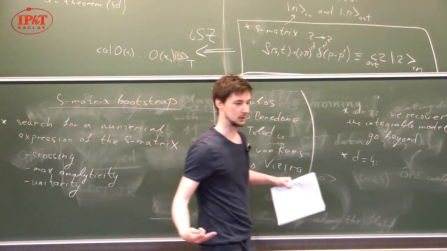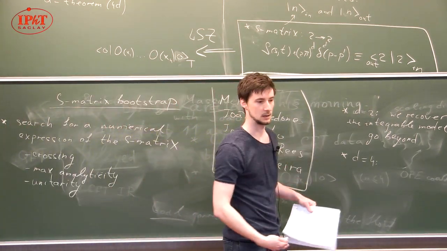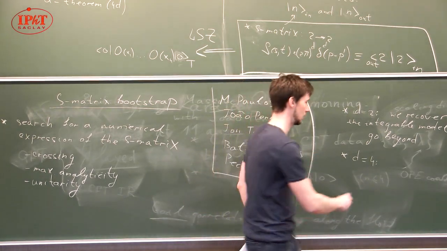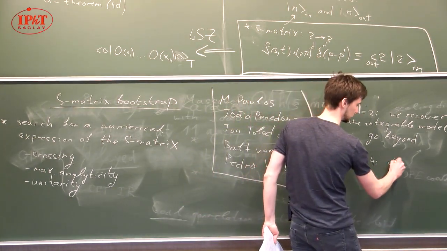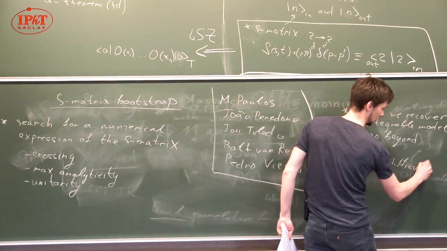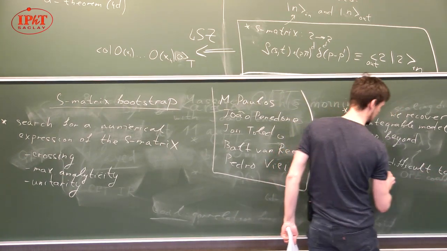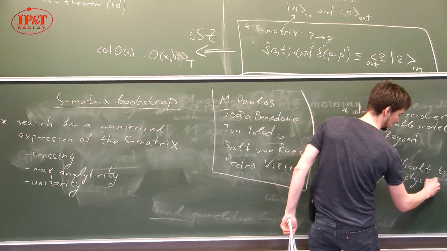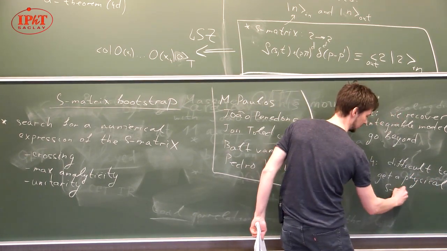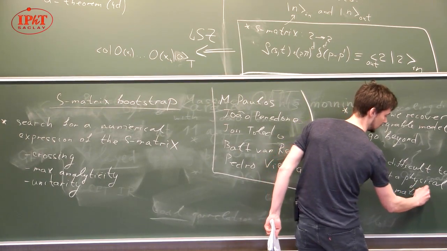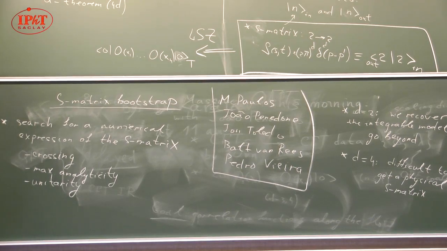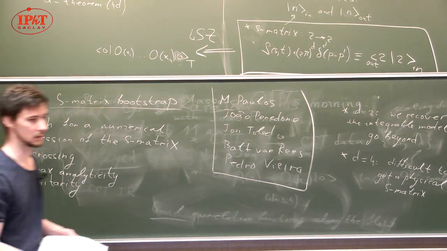So you have to find a physical S-matrix, you have to implement all this structure inside. So it's difficult to get a physical S-matrix with all this complicated structure, but there are a lot of ongoing works on how to improve on that. So we stay positive.